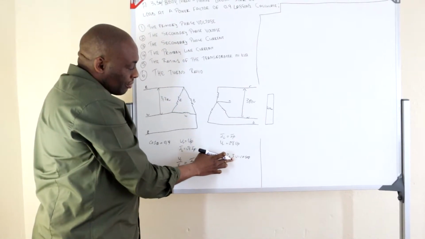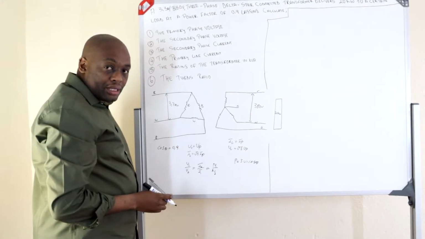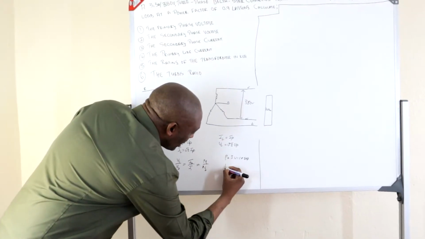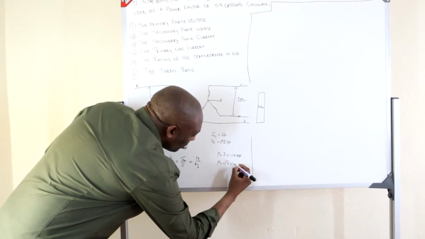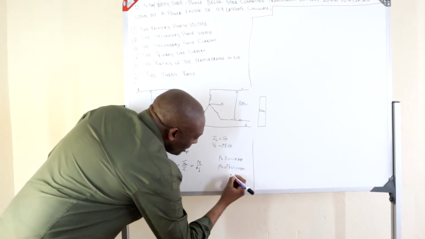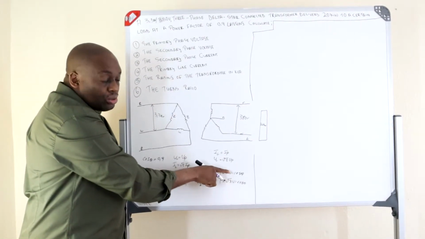Please note here, there are two equations of the active power. There is also another equation which says P is equal to the square root of 3 VI cos phi. So when do we use these formulas?